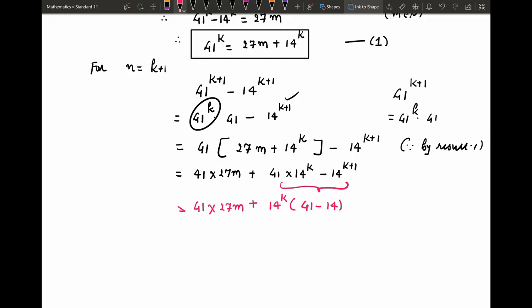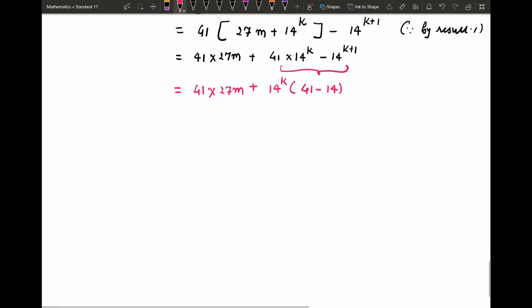Now with further simplification, this is 41 into 27m plus 14 raised to k, 41 minus 14, that is 27.